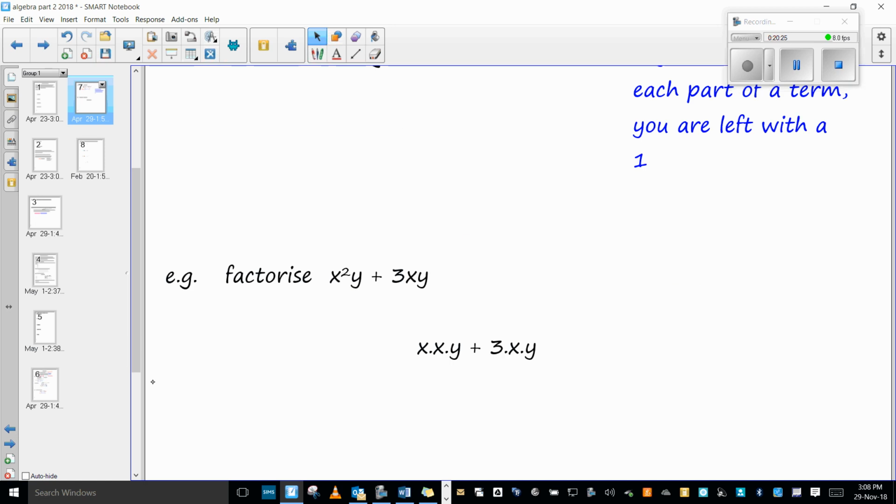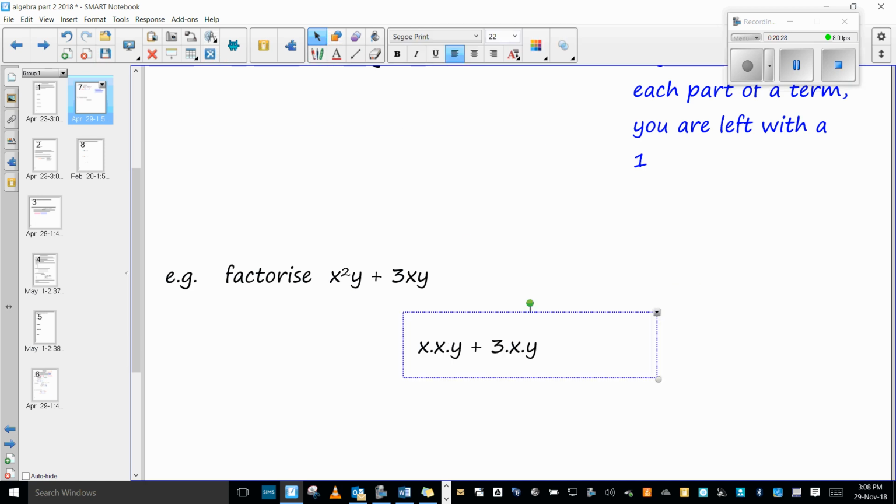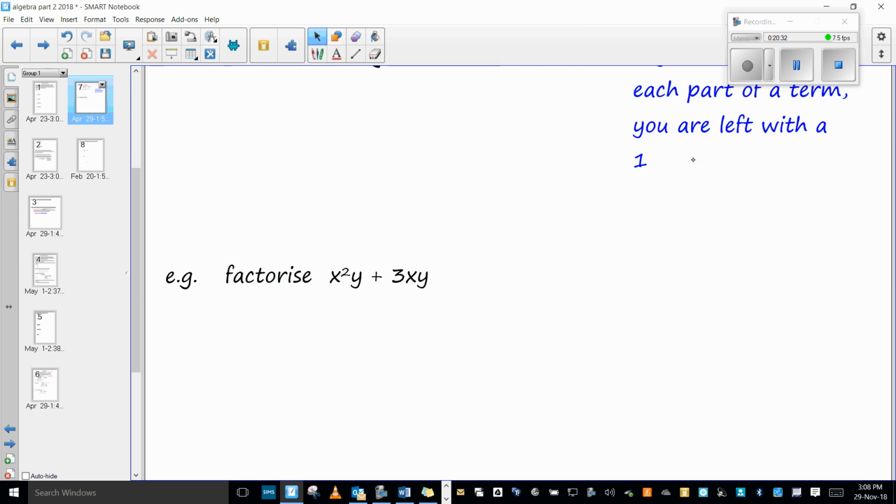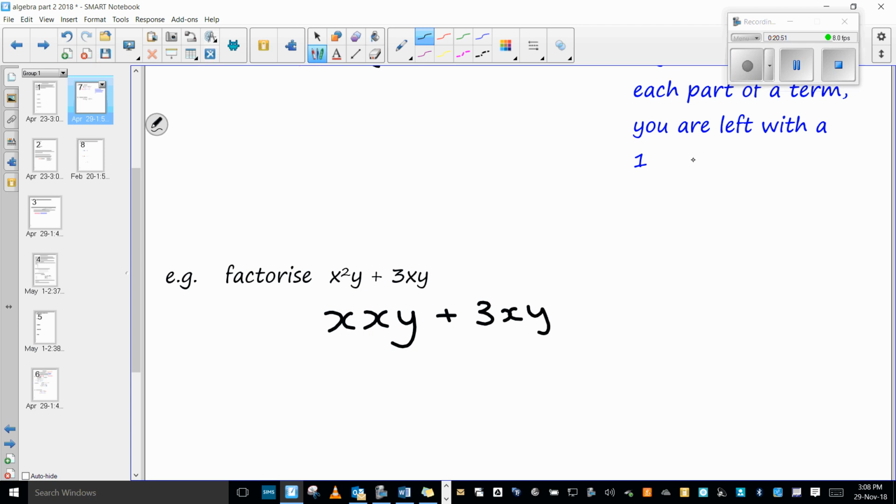All right, so we've got x squared y. Again, I'm getting rid of this; you've got it in front of you anyway, so don't stress. We have to be careful here to know what's being squared. It's just the x. So that's x times x times y. Now there's no way of splitting 3 up, so we're just leaving that as 3xy. We have a look to see what's common.